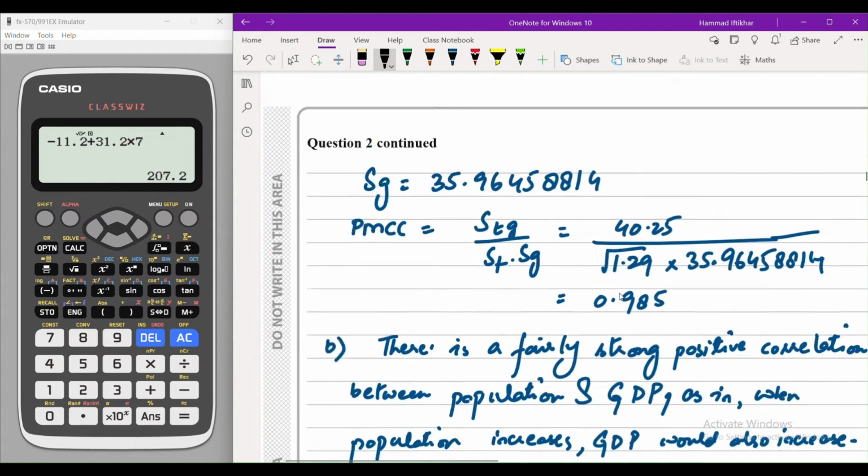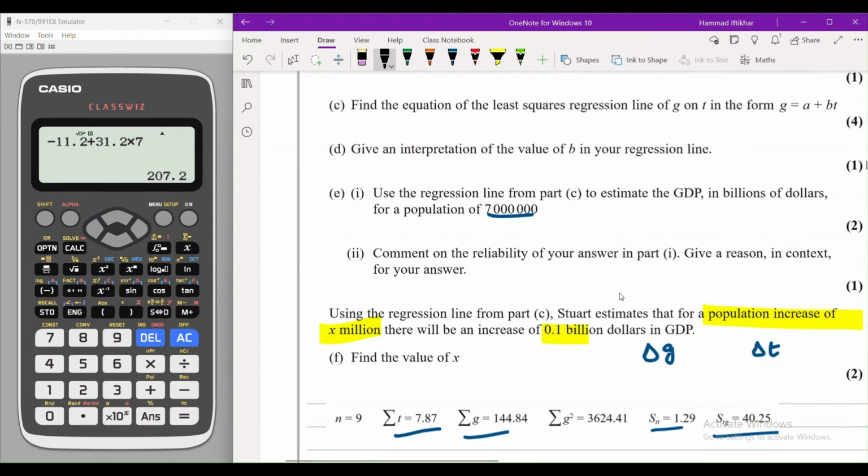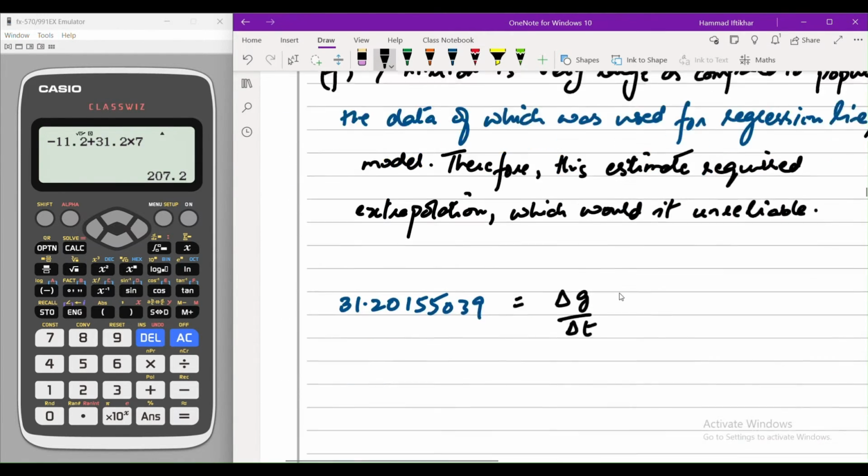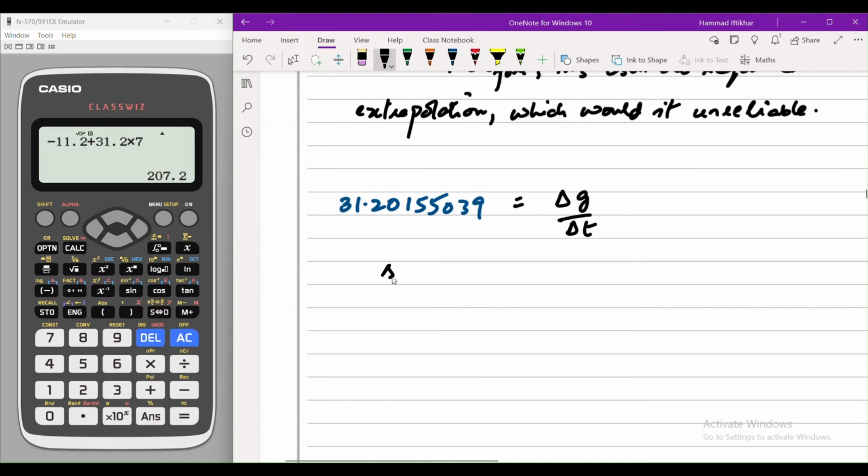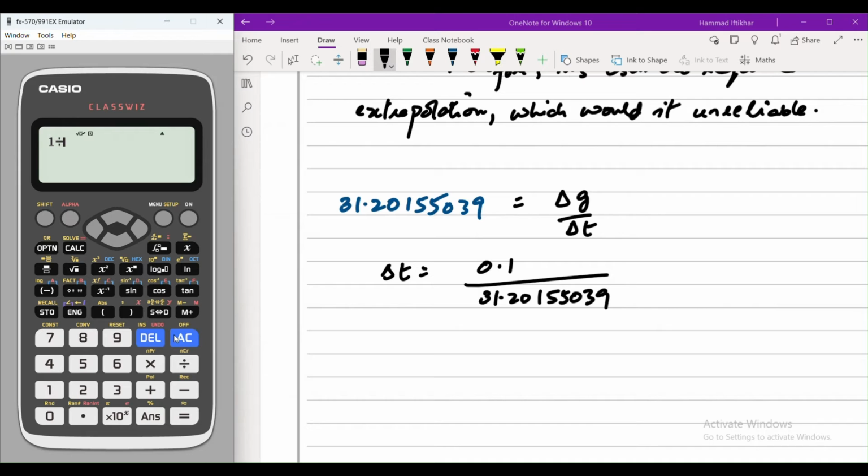So they're saying that there will be an increase of GDP of $0.1 billion. Okay. So change in T would be 0.1 divided by 31.20155039. So 0.1 divided by 31.20155039.